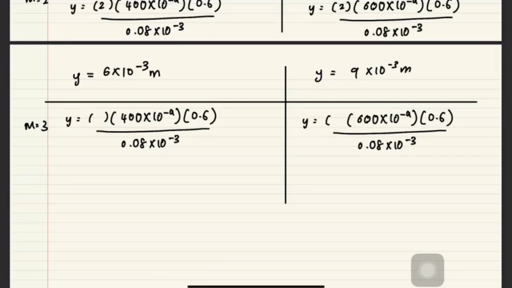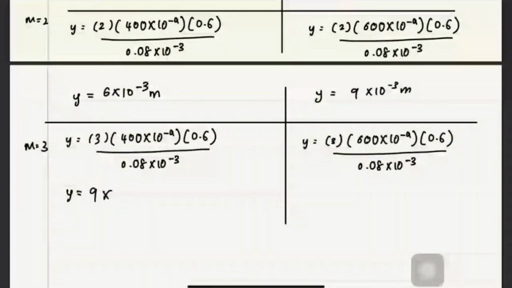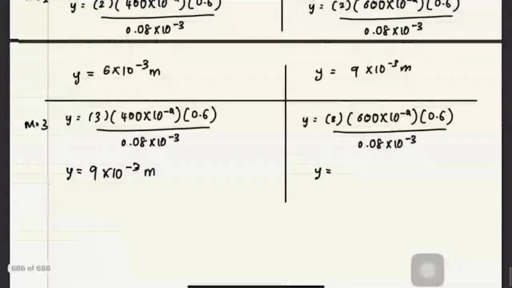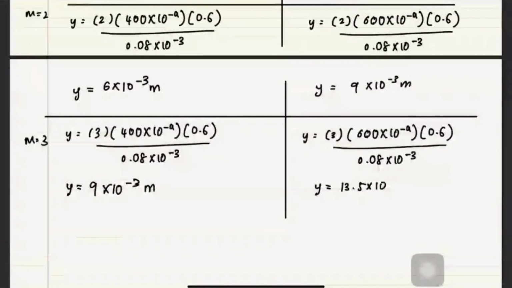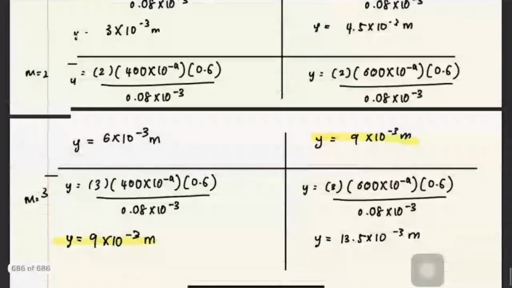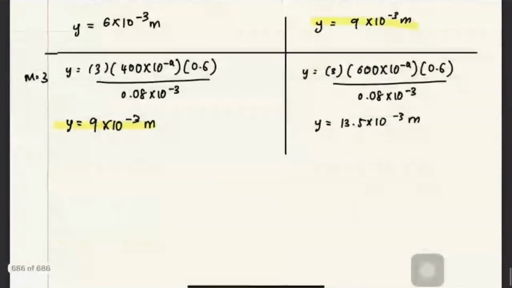So now m equals to 3 dan 3, so maksudnya dia triple daripada yang asal. So y sama dengan 9 darab 10 negatif 3. Dan kat sini dia akan jadi 4.5 dan 3 berapa? 13.5. Okay. Tapi kat sini kamu dah nampak lah yang these two values are the same. So dia dah jumpa. So dia sama tu bila untuk yellow m dia sama dengan 2, untuk blue m dia sama dengan 2, untuk yellow m dia sama dengan 3.